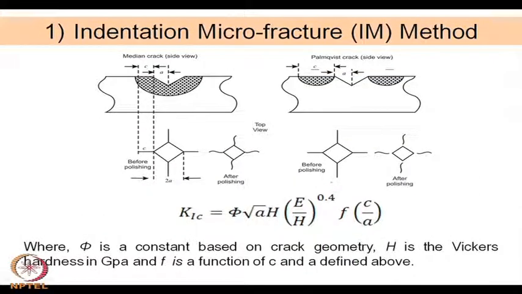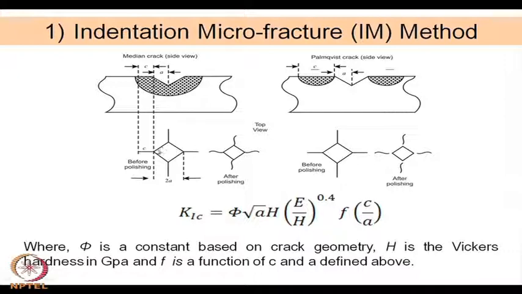Just to give you a broad outline, this is what we do in indentation microfracture. That means we do not fracture it, we allow the crack to grow, and from the crack length you can find out the fracture toughness, under what load the cracks have been created beyond the indentation.